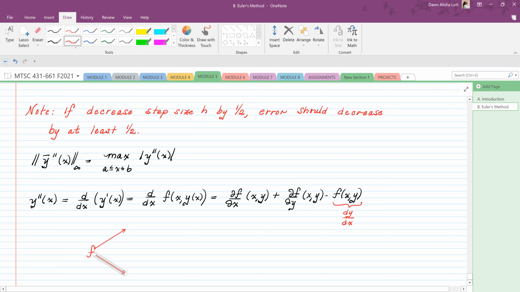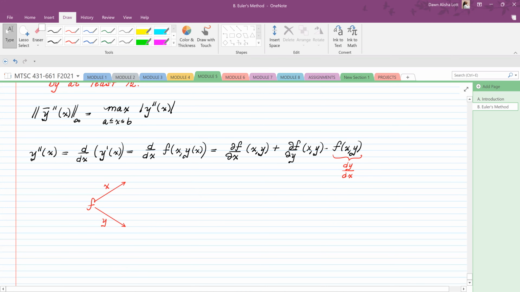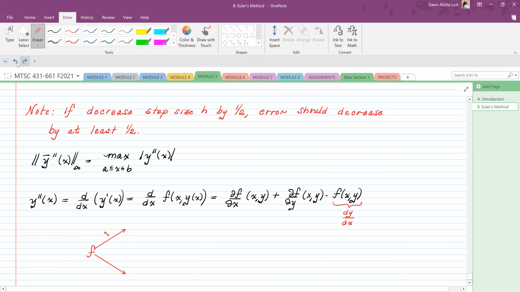F is a function of x and y, and y is a function of x. So we had to use the chain rule to get the derivative of f with respect to x.